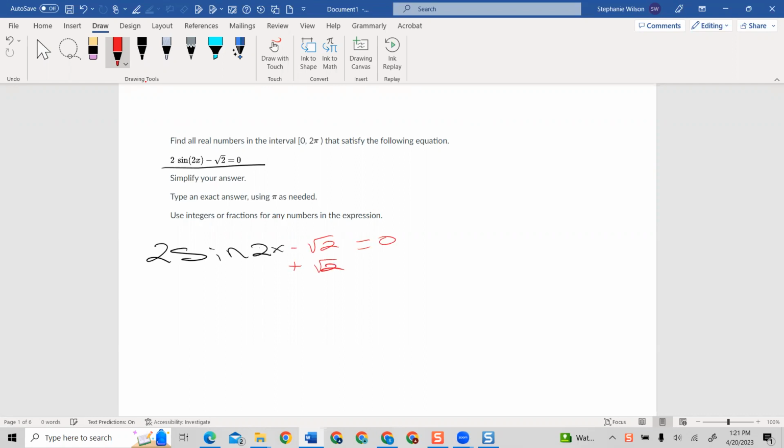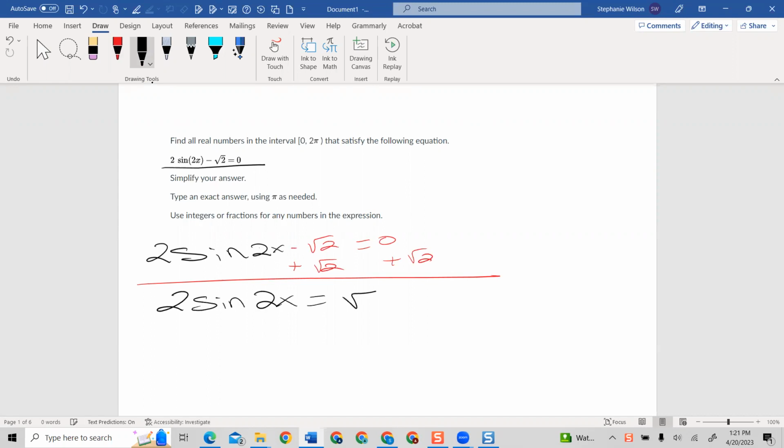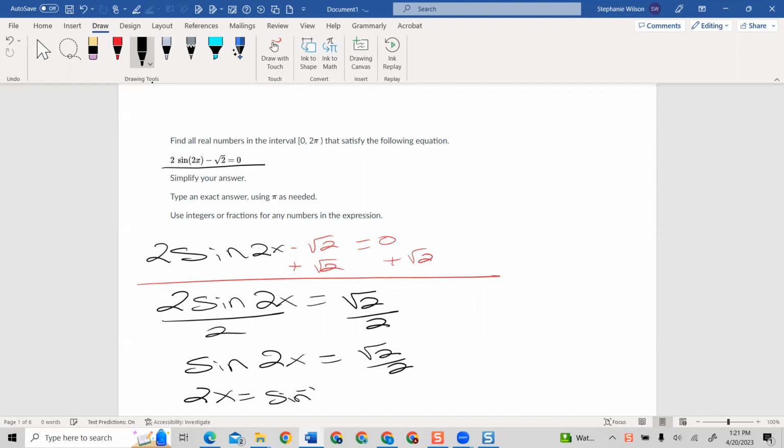Let's add the square root of 2 to both sides. Now I got 2 sine 2x is equal to square root of 2. Let's divide by 2. Now sine 2x is equal to square root of 2 over 2. Now let's take the inverse. So 2x is equal to sine inverse of square root of 2 over 2, and in radians mode, I get pi fourths.